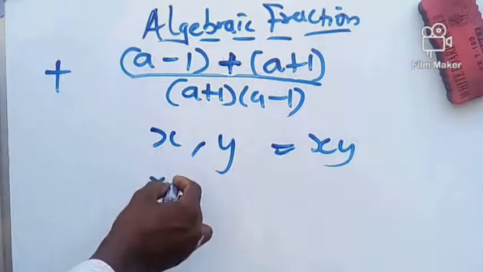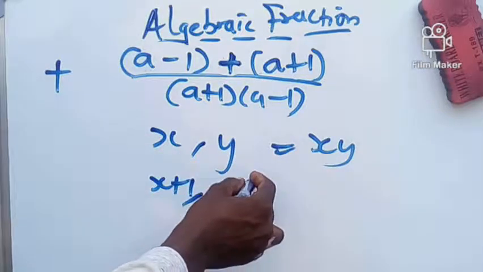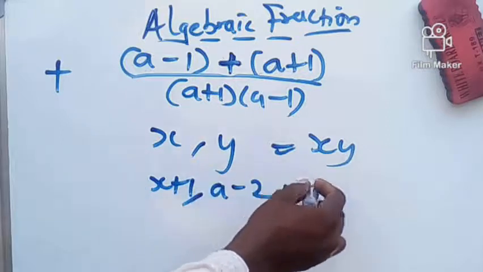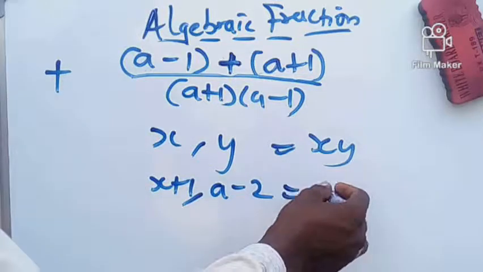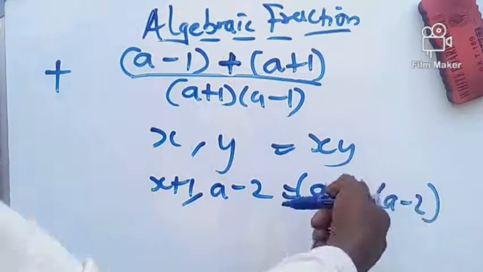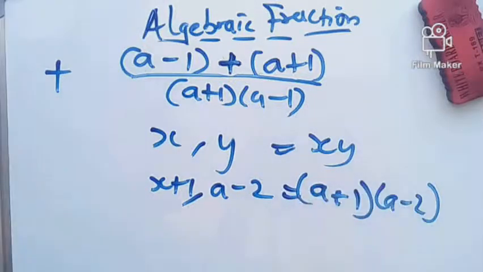The LCM of x plus 1 and x minus 2, provided that they are different terms, you simply multiply the terms x plus 1 and x minus 2. So they will multiply each other to have this. So if you want to find the LCM of different expressions, you simply multiply the given expressions.